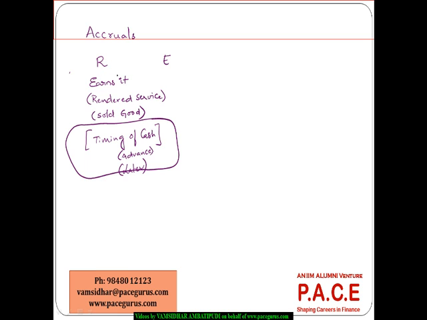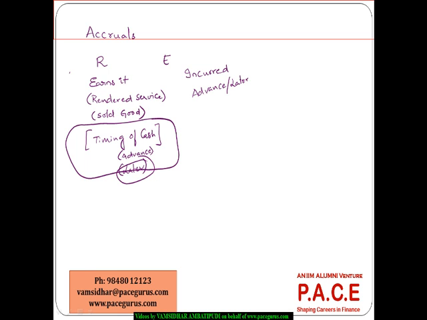The company should record its revenues in the financial statement when it really earns it. Similarly, the expense needs to be recognized in the income statement when the company has really incurred the expense, not when it has paid for it, not the timing of the cash.